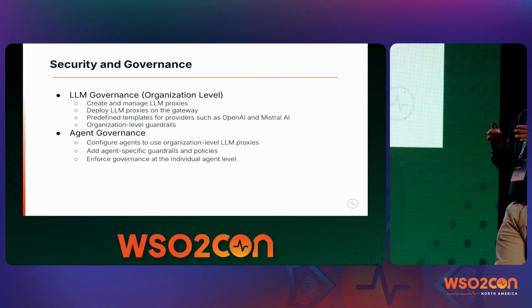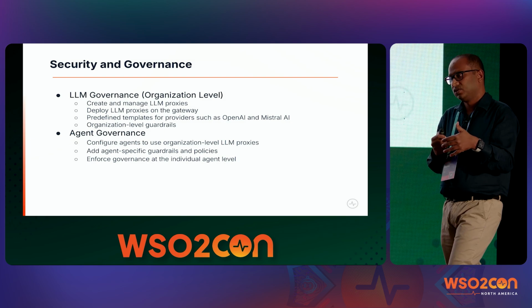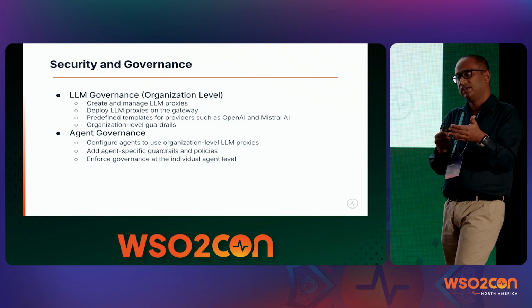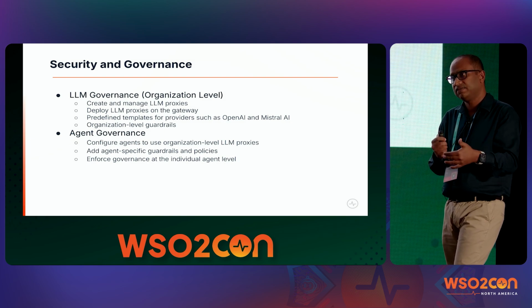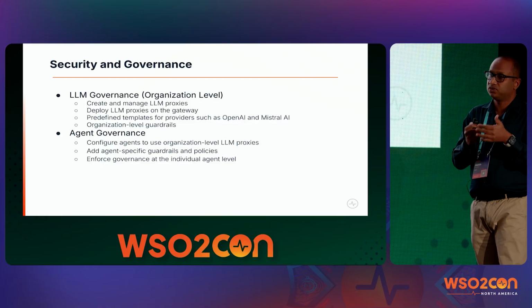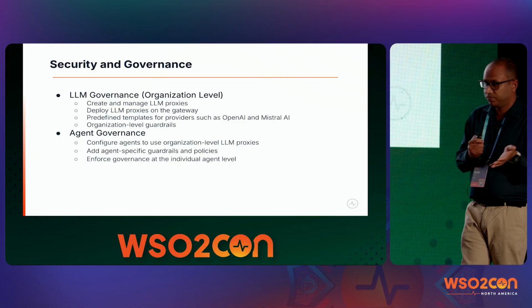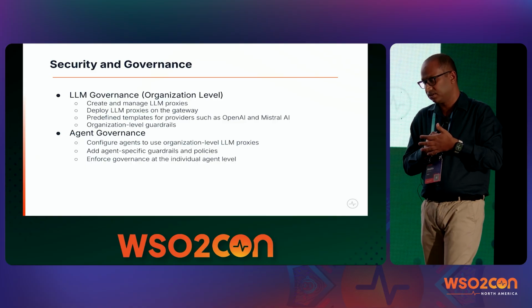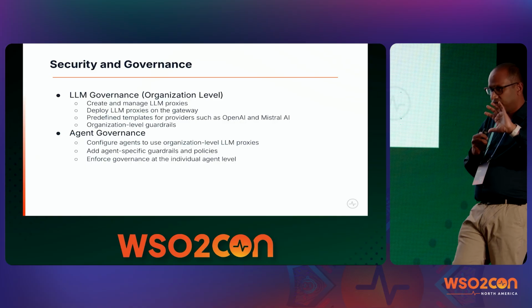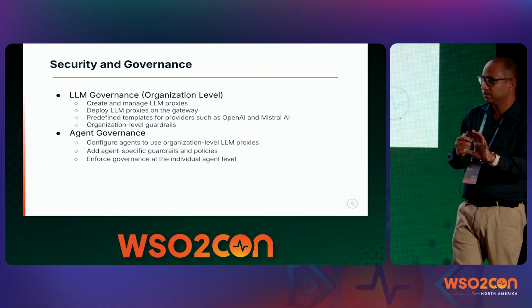Then there is the second level, which is agent-level governance. If you want to add guardrails at the agent level, in addition to what you have at the organization level, that also can be done. We will demonstrate that when we do the product demonstration. Right now I am just giving the high-level overview of what is actually there in the product.